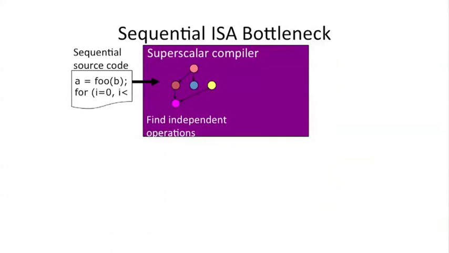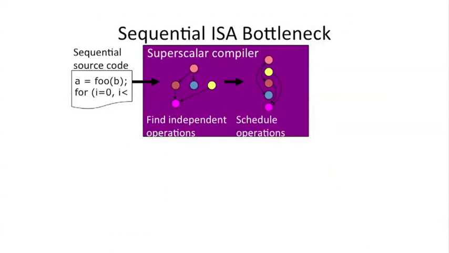We put it into our fancy superscalar compiler, which generates some sort of data flow graph, and probably also a control flow graph, inside the compiler. There are dependencies between the different instructions, and the compiler right now is trying to find independent operations because it's going to try to come up with a schedule.